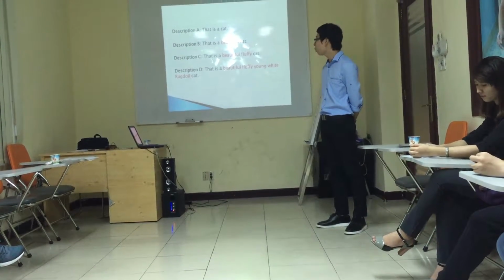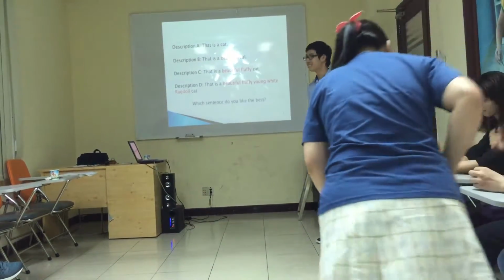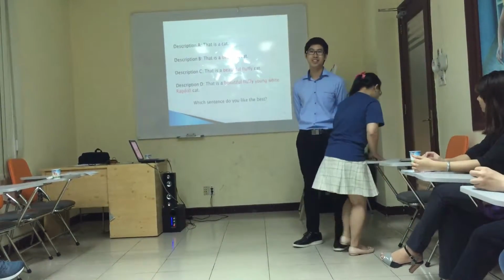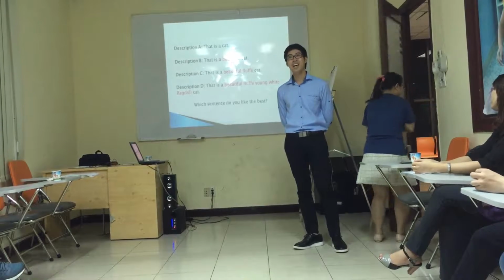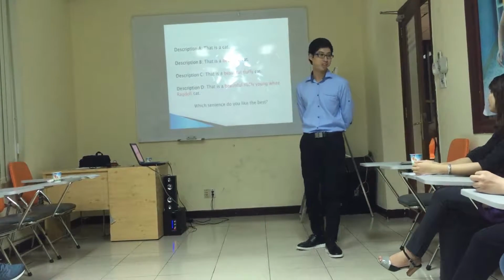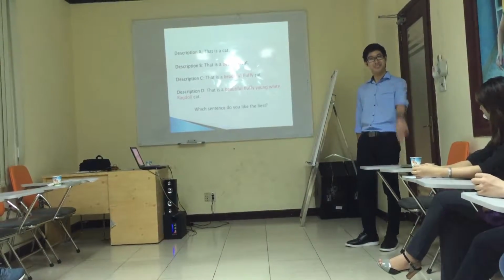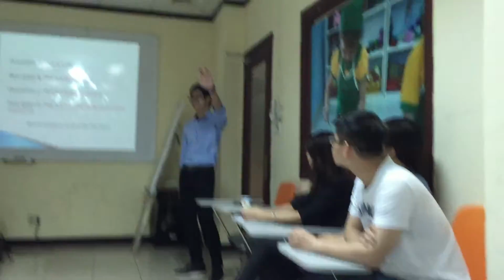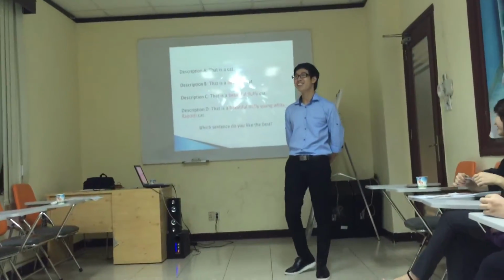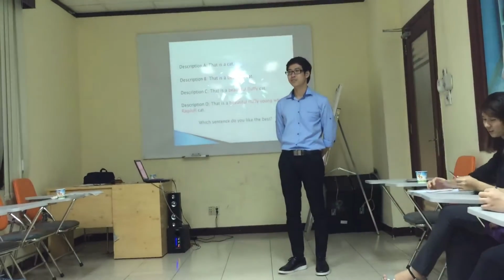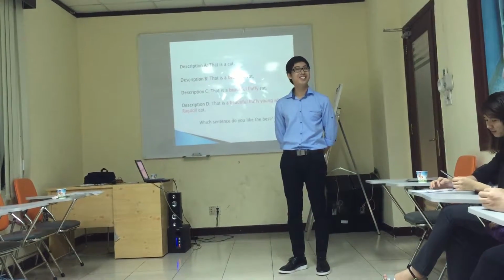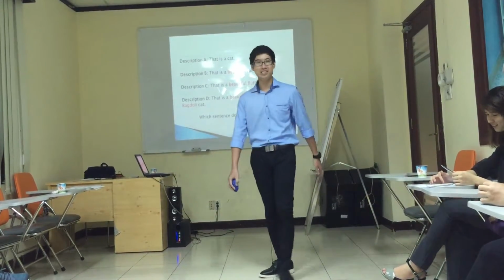My question is, which sentence do you like best? For the picture, I have 4 sentences that describe it. Which one do you like the best? The last one, D. Tell me why. That's enough information about the cat. Any other answer? Thank you very much.